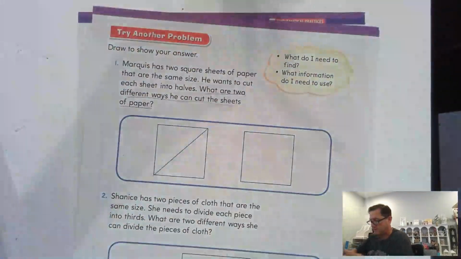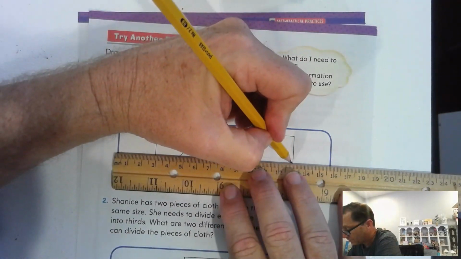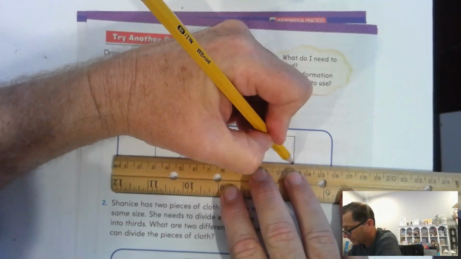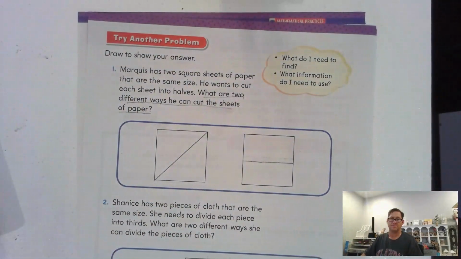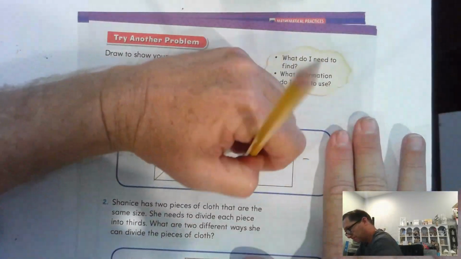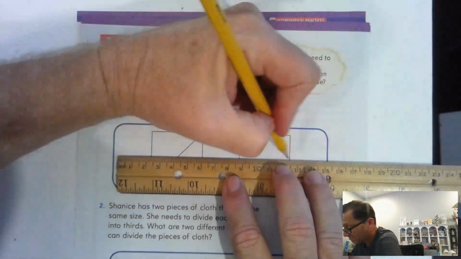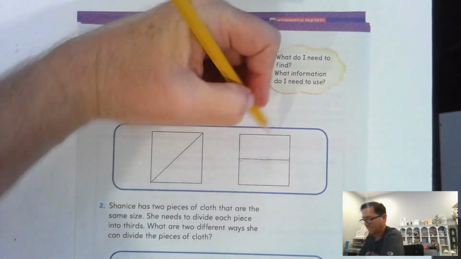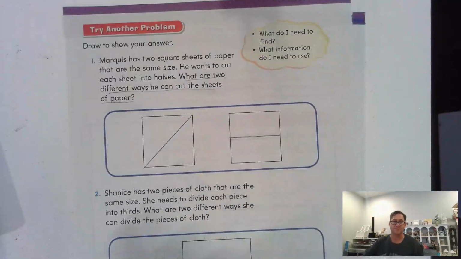It looked like the bottom part was a little larger than the top part. Let's try that. Cut the difference right in the middle. All right, so halves. I think that is better.